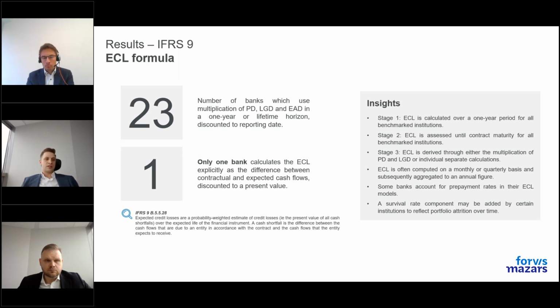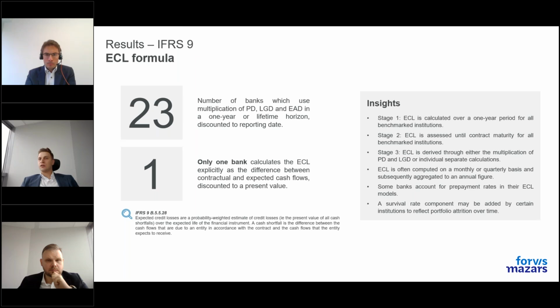This approach is a bit more complex than the one applied by all other banks. So 23 banks used the very common formula of multiplication of PD, LGD, and EAD. Of course, in 1-year horizon for stage 1 and lifetime horizon in stage 2, including the discounting.